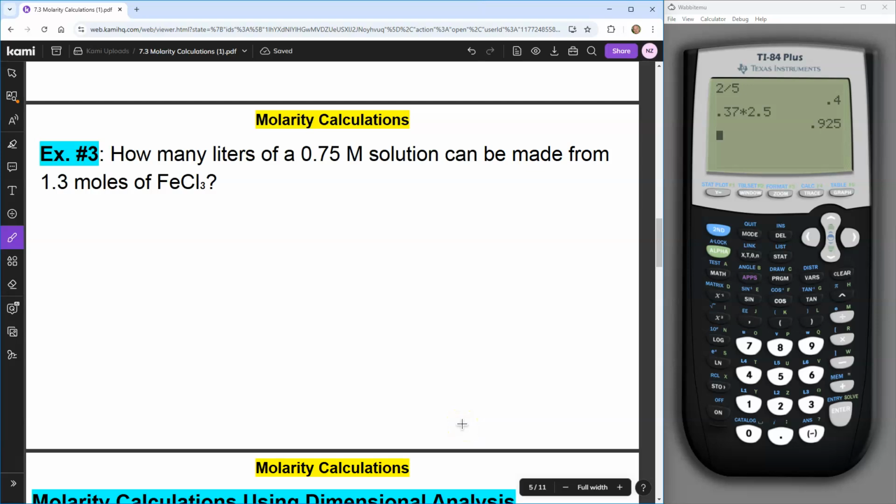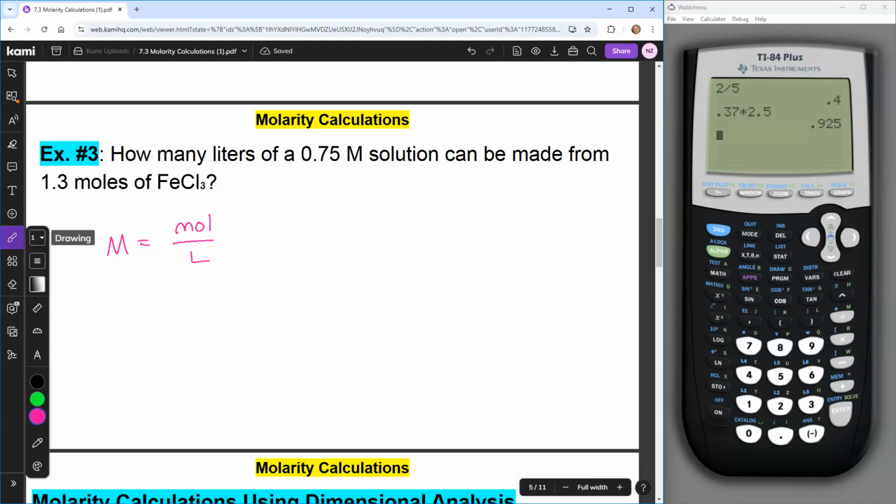Okay, next. How many liters of a 0.75 molar solution can be made from 1.3 moles of iron chloride? Okay, so here we're solving for liters. So let me write my equation again. Okay, so if I wanted to get liters by itself, I would first multiply both sides by liters, cancel these, and then I would need to divide both sides by molarity to get liters by itself.